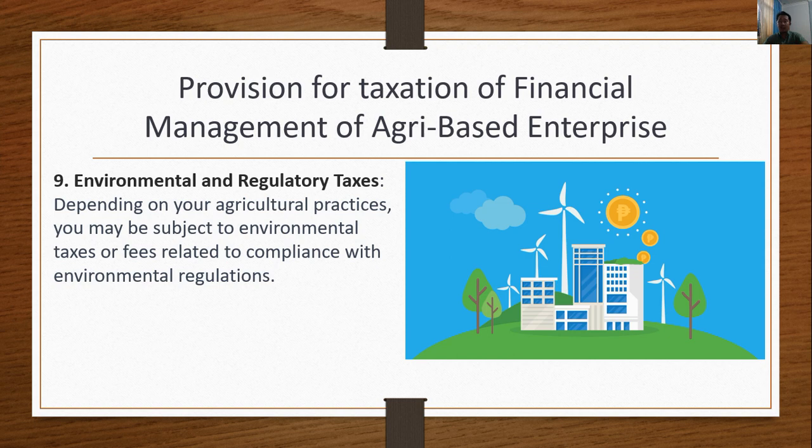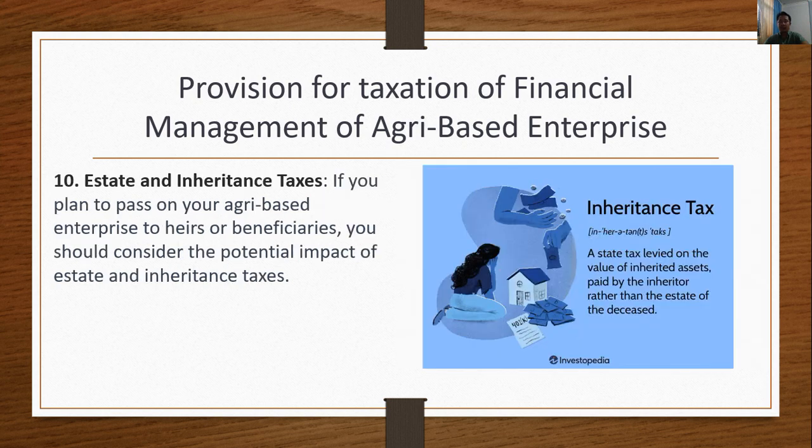And also environmental and regulatory taxes. Depending on your agricultural practices, you may be subject to environmental taxes or fees related to compliance with environmental regulations. And we also have estate and inheritance taxes.